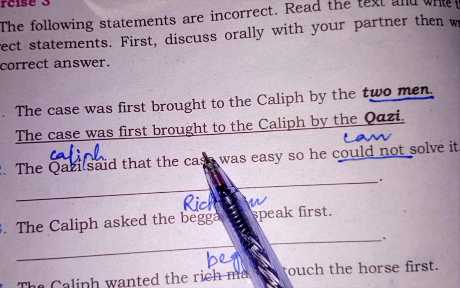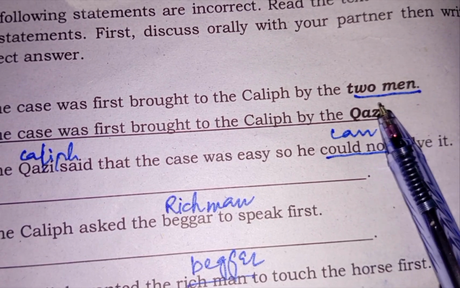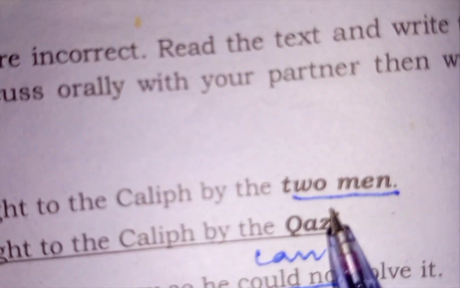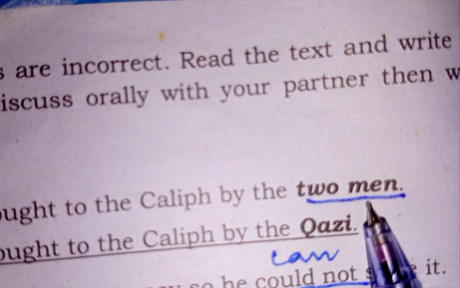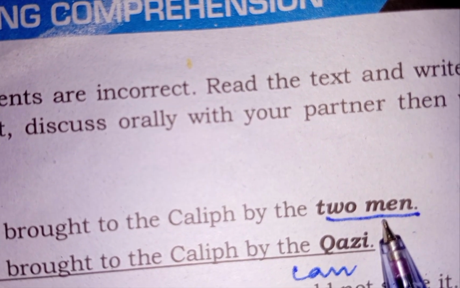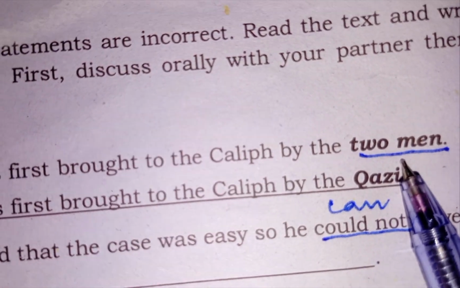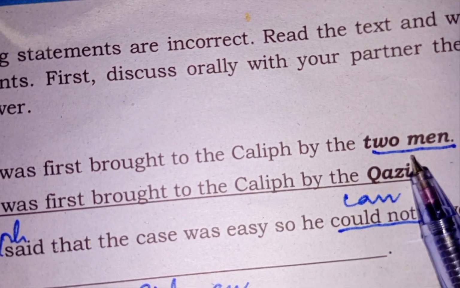The first is: the case was brought to the Caliph by two men. The mistake is 'two men', because the case was brought to the Caliph by the Qazi, if you have understood this story. So here the word would be the Qazi.